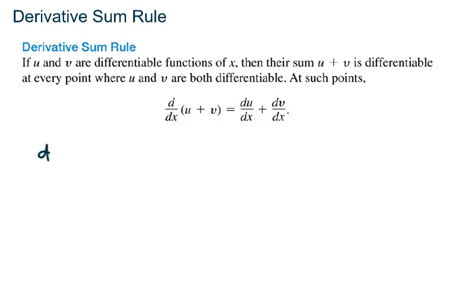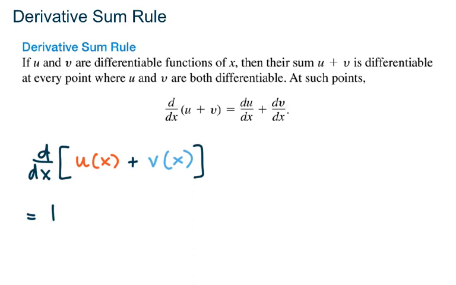So I'm going to use my formal definition to prove to you why this works. Let's find the derivative of the sum of these two differentiable functions, u being a function of x, and this could be plus or minus. Remember, subtraction is just adding the opposite number. So u of x plus v of x. Using the formal definition, I would get the limit as h approaches 0.